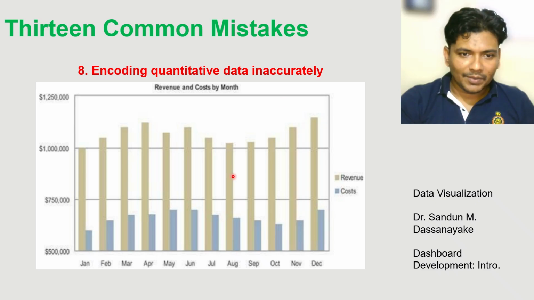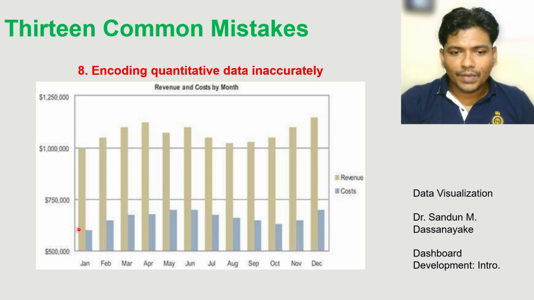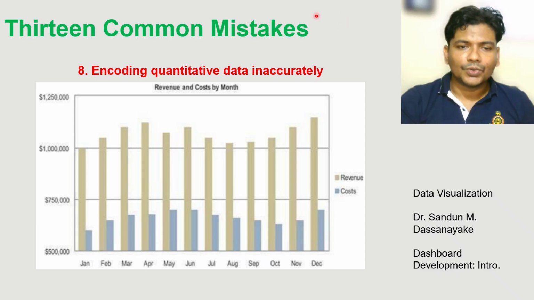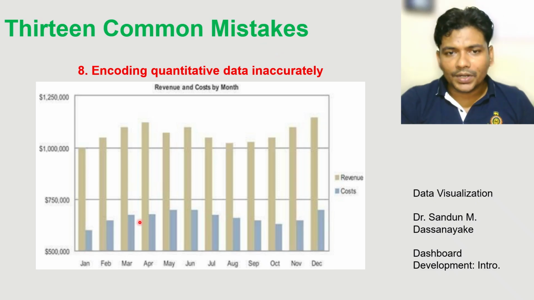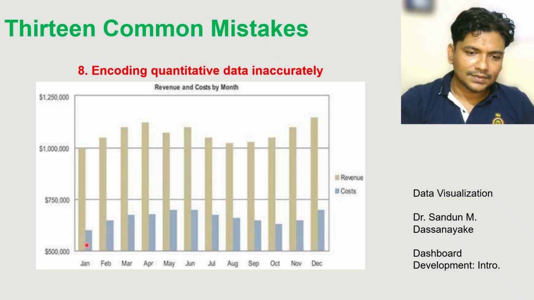Now again, think about this. The length of each bar is supposed to show its value. So the bars for January revenue and costs make it look like revenue is about 4 times higher than the costs.